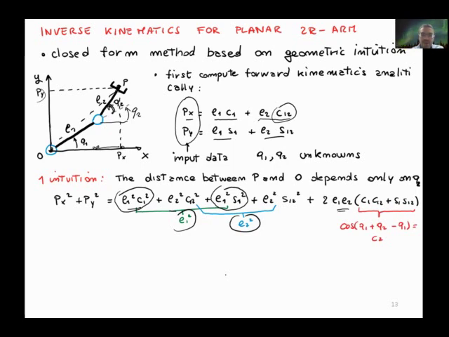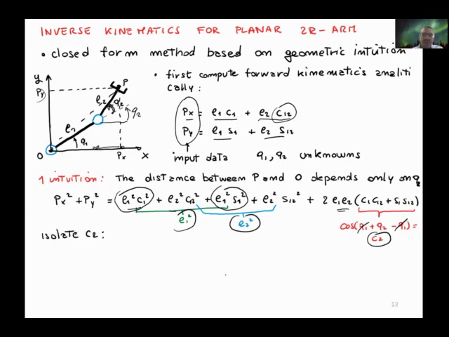first let's apply again the trigonometric formula we know. And this is cosine of theta 1 plus theta 2 minus theta 1. That remains, in essence, cosine of theta 2.